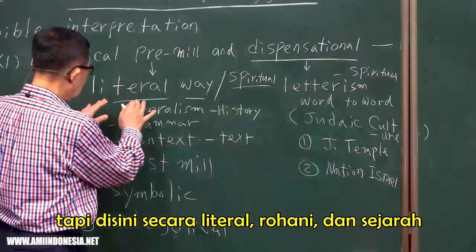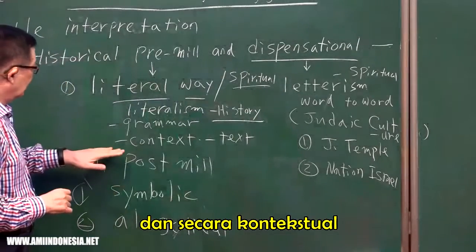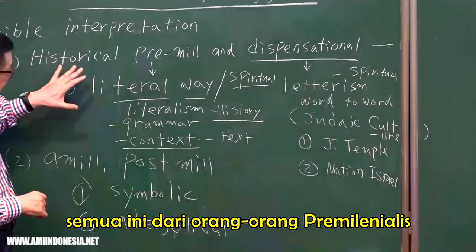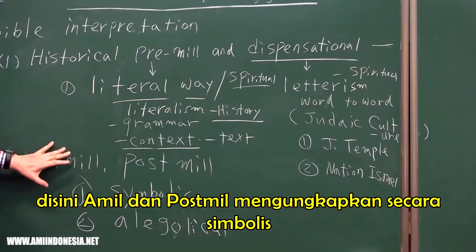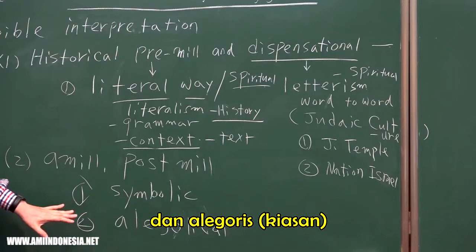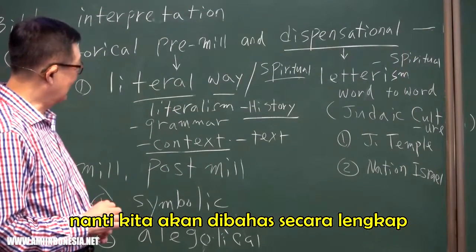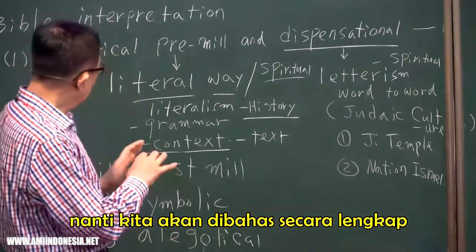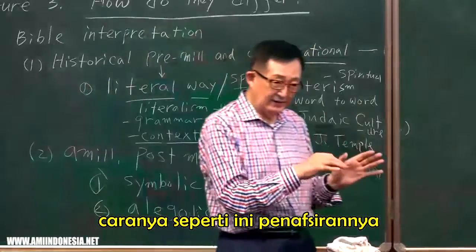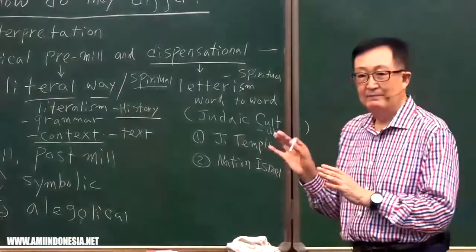But here: literal, spiritual, historical, and contextual, all this for historical premillennial people. Now here, amillennialists and postmillennialists share symbolic and allegorical interpretation. We will go over more detail later. So in the area of Bible interpretation, they are different.